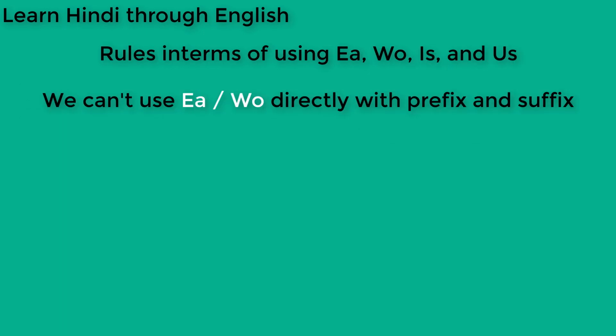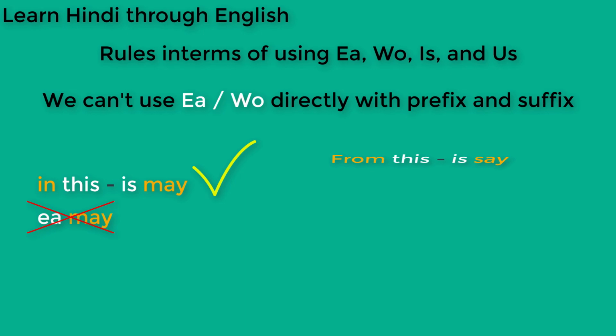We have some rules in terms of using ye and is. We cannot use ye along with the prefix and suffixes such as in, on, at, from, to, and the list continues. In this will become is may. Calling it as ye may is grammatically incorrect. From this will become is se. To that will become usko.